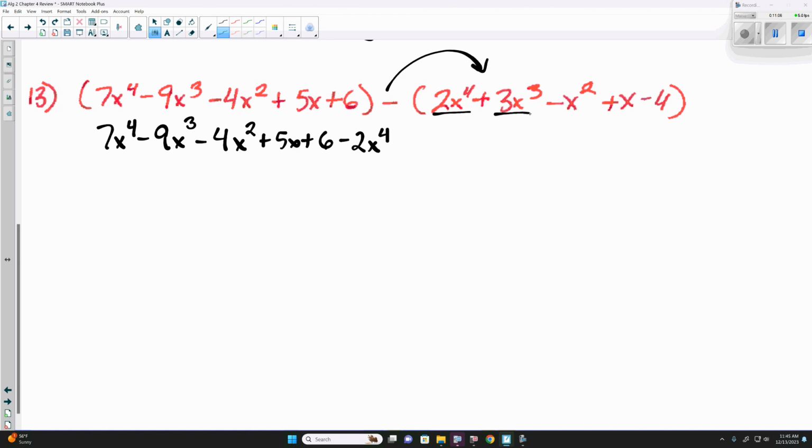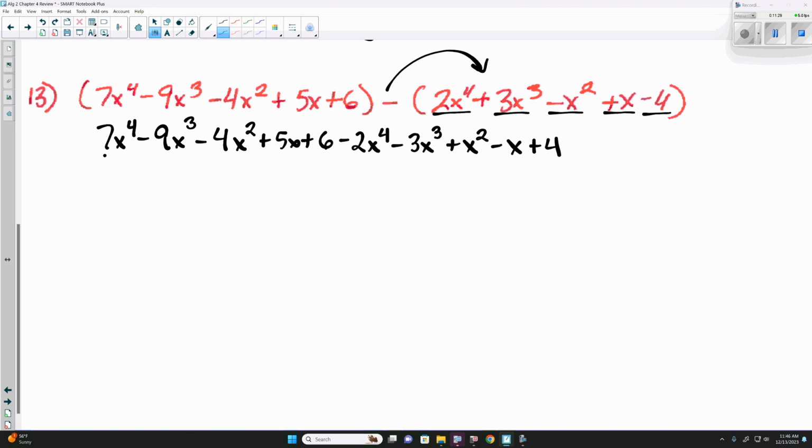Our positive 3x cubed becomes negative 3x cubed. Our negative x squared becomes positive x squared. Our positive x becomes negative, and our negative 4 becomes positive. We have to change the sign of everything in the second set of parentheses because we're subtracting it.